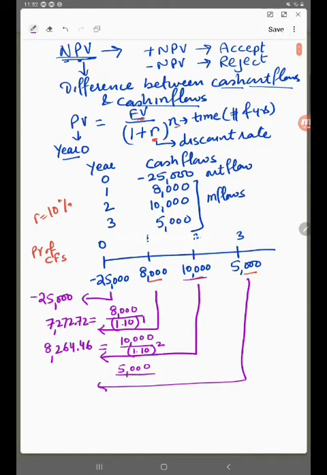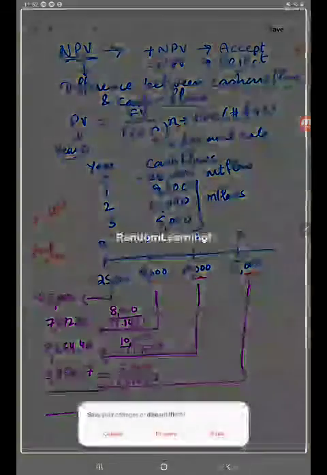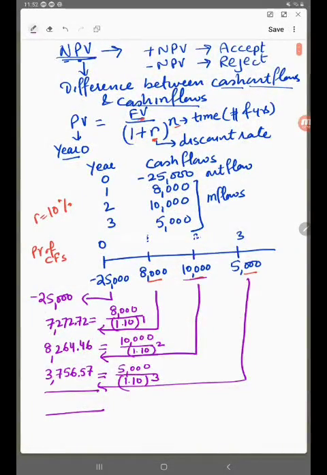So 5,000 divided by 1.10 and power 3, and this number should be, after computing it, 3,756.57. So this is present value of our inflows.